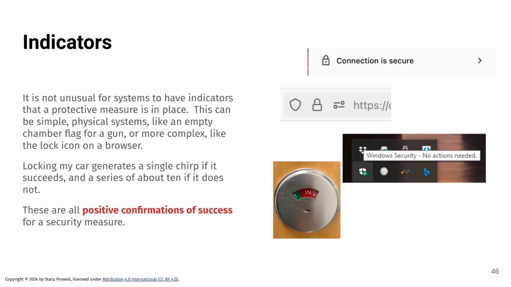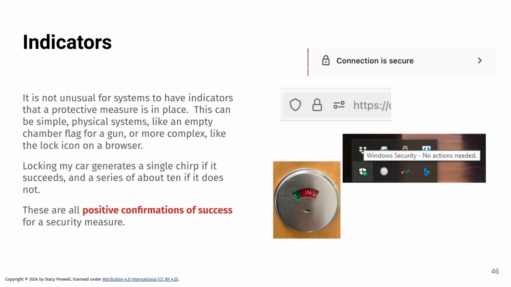There can be tons of other ones. They can be complex. The little lock icon on your browser is actually pretty complex, right? It requires that your browser has checked a certificate path back to some root certificate, and decided that the site passes some checks, and then it puts that little lock icon up there.